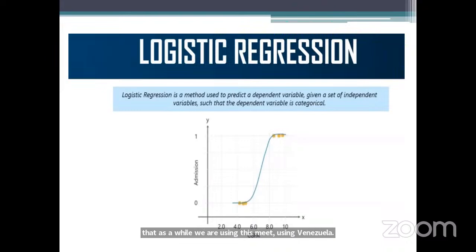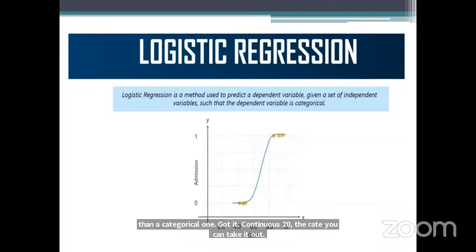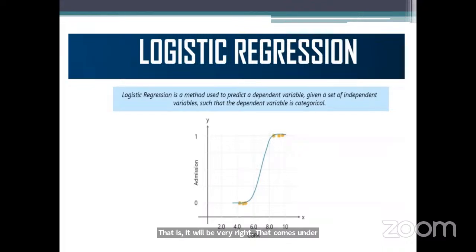The reason is that linear regression is used to predict a continuous quantity rather than a categorical one. Got it? Continuous quantity, like weight, will be varying, and that comes under linear regression. But logistic is a categorical one: whether she will be admitted based on her CGPA or she will not be admitted.